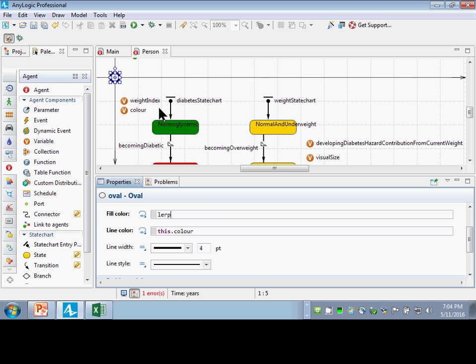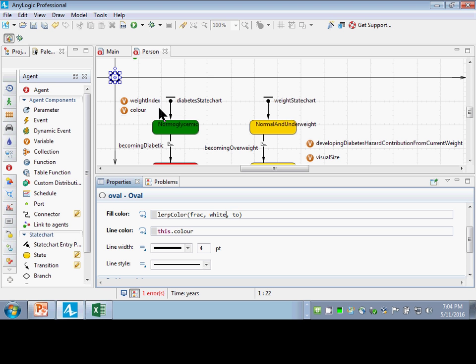Okay? No, that is not an MIT-ism. And the lerp is going to interpolate between two colors. It's going to go from one color to another. And in this case, the from color is going to be white, and the to color is going to be red.